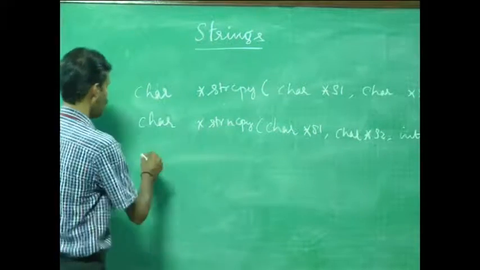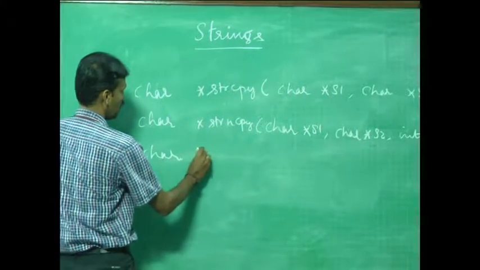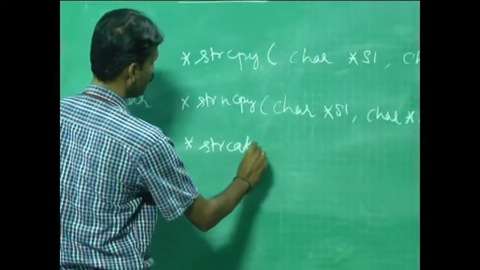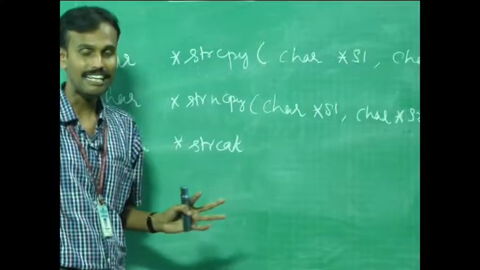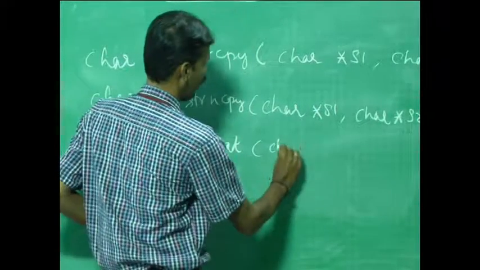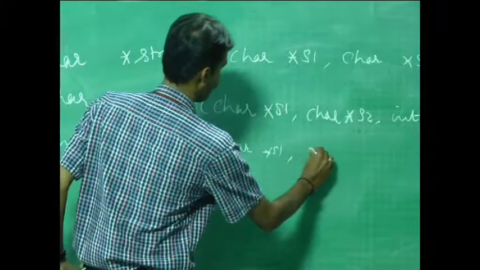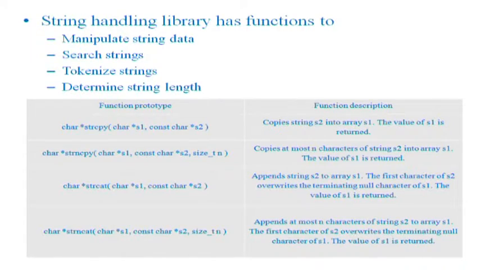It is possible through another function called strcat, which stands for string concatenation, and for this again I have to supply the two strings which are supposed to be concatenated. So, this s1 and s2 are said to be those two strings which are subjected to be concatenated.